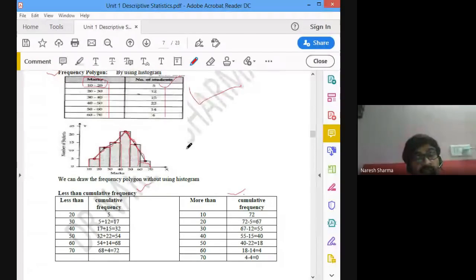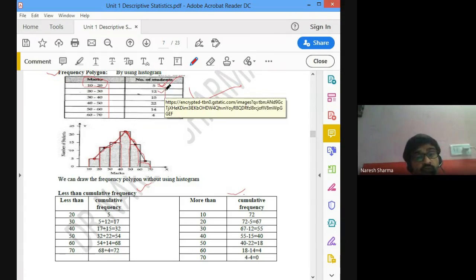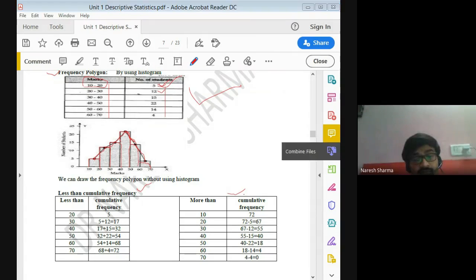So from this table, we may say this is less than 20. So less than 20 are 5 students. If we say less than 30, we have the number of students as 5 and also 12.